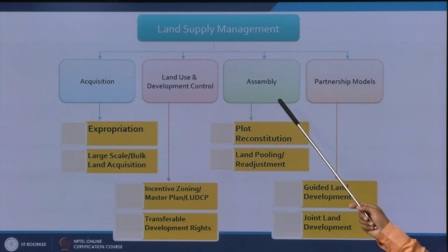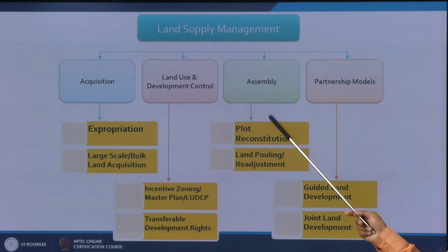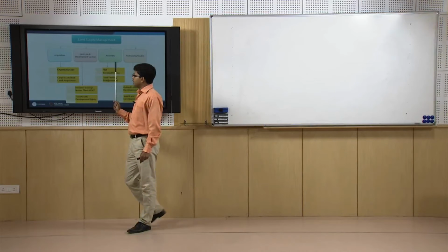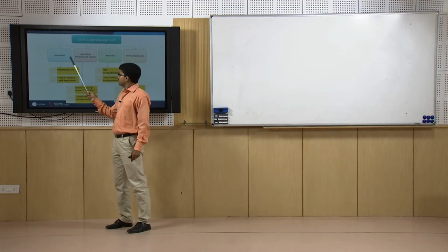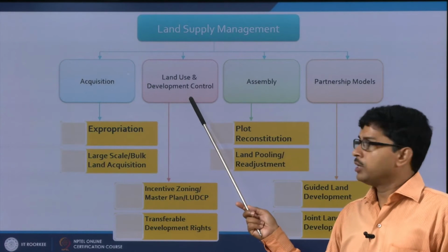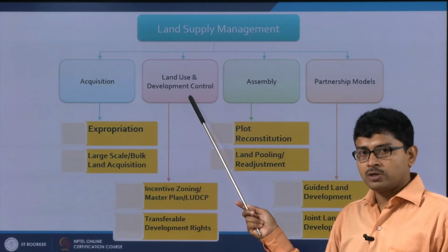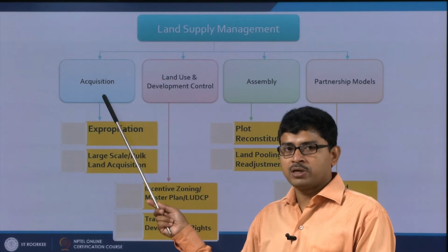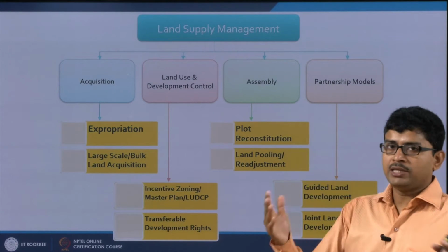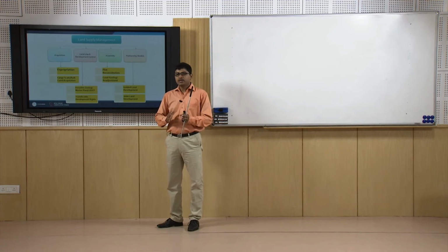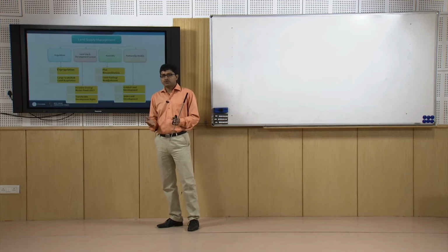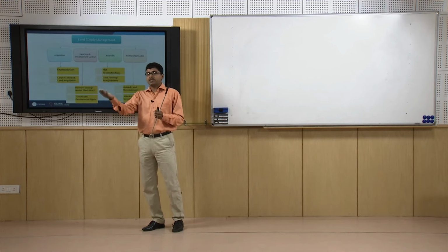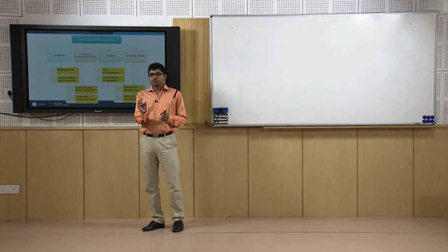Then we come to another mode of land assembly, which is called plot reconstitution and land pooling. Here, in this method, we are neither acquiring land nor controlling the development by assigning land use and development control, but we are getting the land for some period of time, then we are making a planning exercise, subdividing the land in a way so that the land can be utilized for better service facilities and better planning, and then we are giving back the land to the original land owners with a few guidelines.